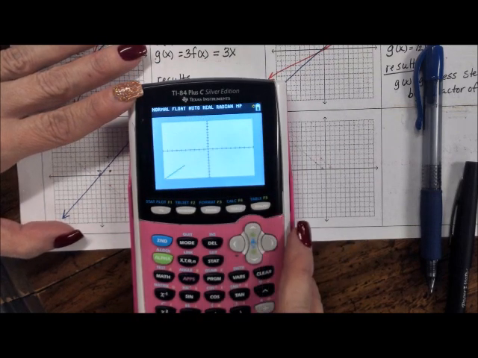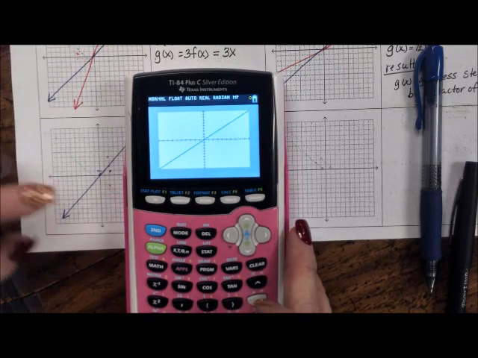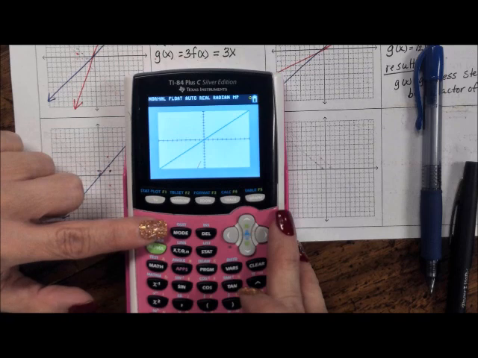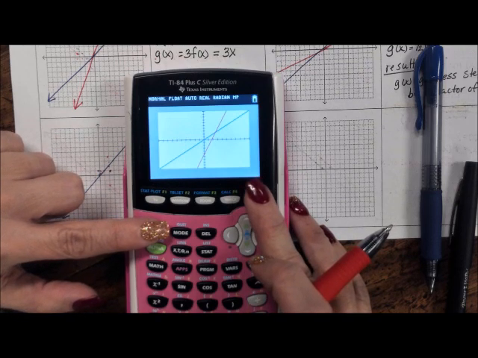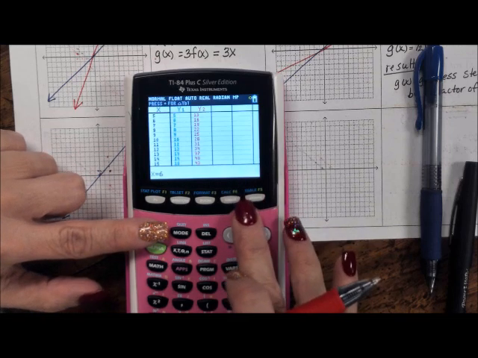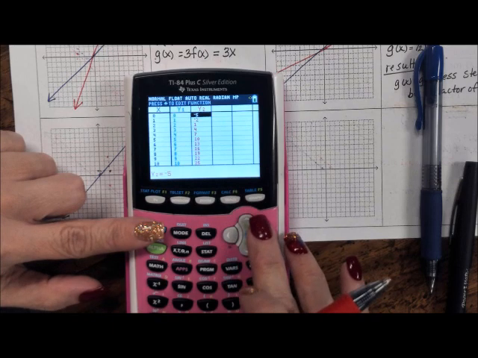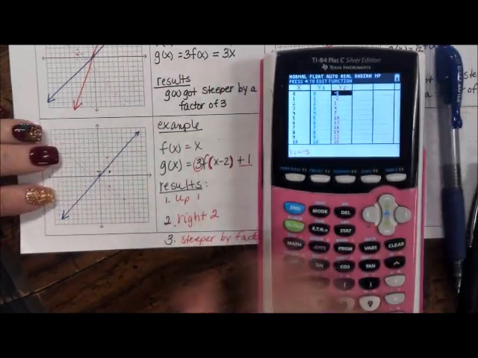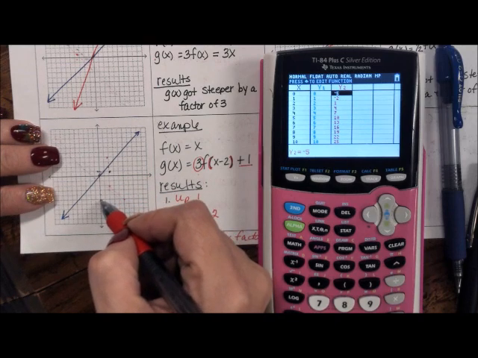Let's make sure I got that graphed right. There's my parent function. When I start doing the steeper and stuff, I always kind of go back to my calculator to kind of graph it. And there it is. So I'm going to go to second table. I'm going to pull some points off. So there they are, -5, 0, -5. So 1, 2, 3, 4, 5.